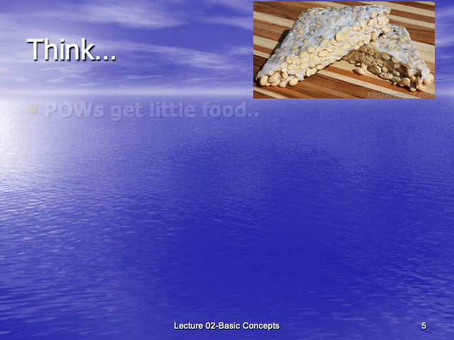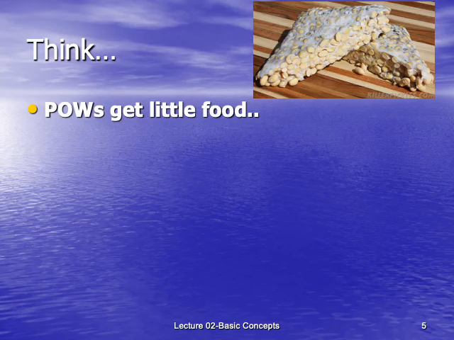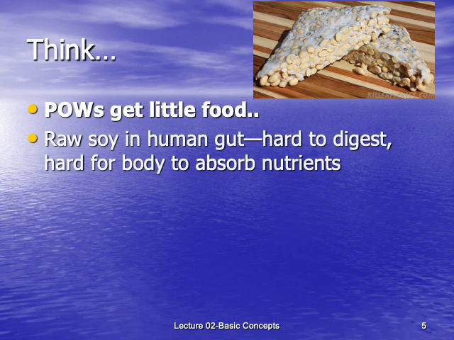So let's think here, how about the POWs? Explain that story. Well, the POWs, prisoners of war, were getting very, very little food in the camps. And here's the thing. When you eat raw soybeans, they go to the human gut, they're very complex structured, and they're very hard for your body to break down.